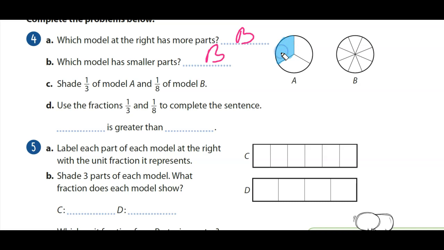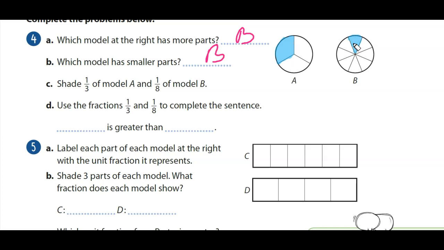Then it says shade 1/8 of model B. So how many am I going to shade? I'm going to shade just 1. Okay? Use the fractions 1/3 and 1/8 to complete the sentence. So I have to make a model to do this.